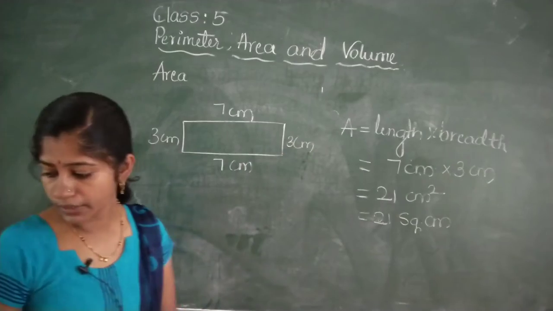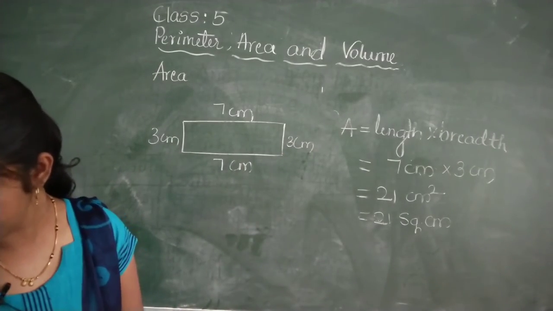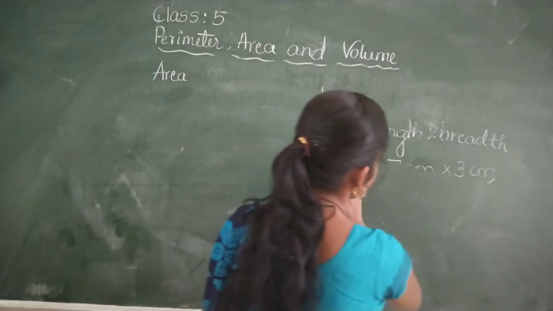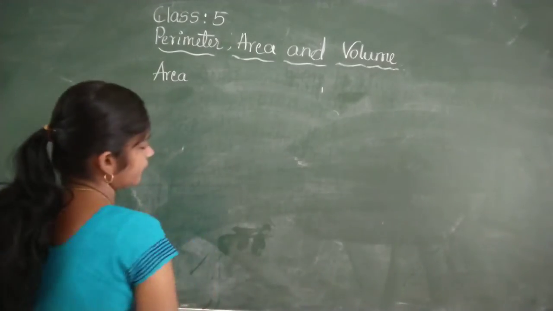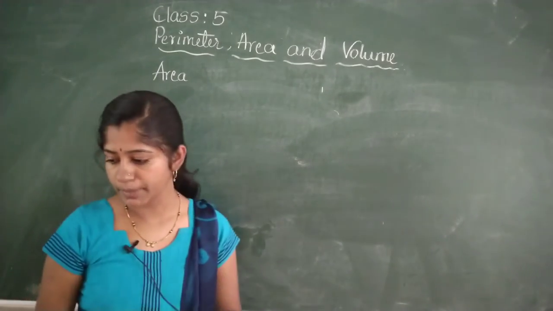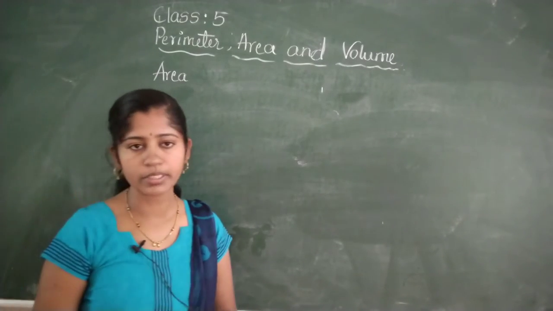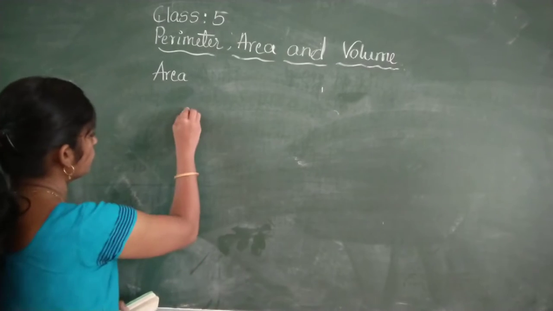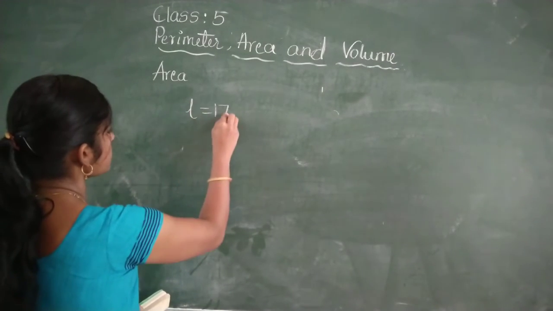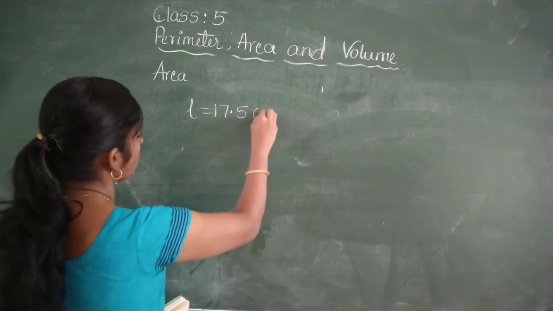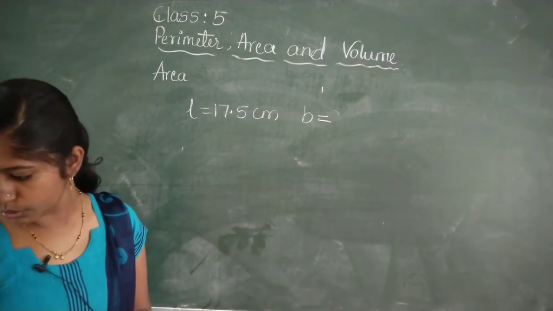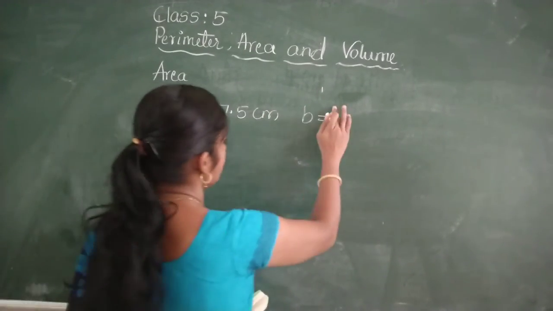Okay, I will take one more example. I am solving these examples from your My Practice Time 2, page number 140. First I will take length is equal to 17.5 centimeter and breadth is equal to 12.5 centimeter.